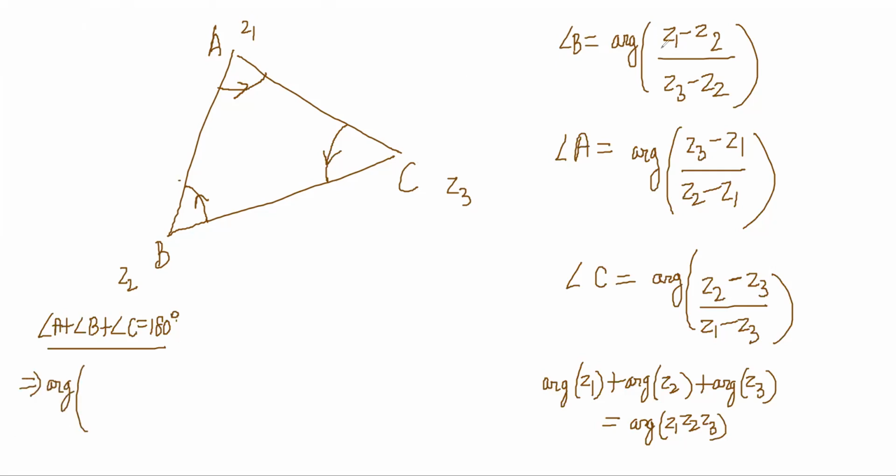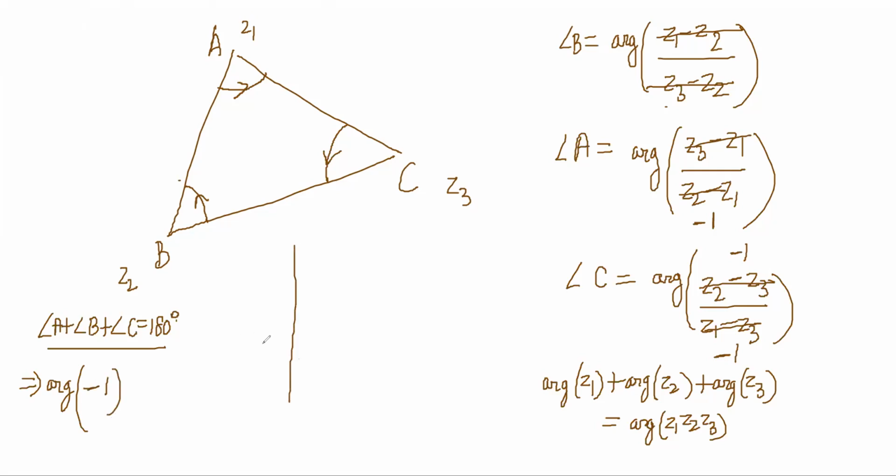So what is the argument here? Basically multiply all of them. Z3 minus Z2 cancels with this one with a minus 1. This one and this one cancel with another minus 1, and this one cancels with another minus 1. So everything cancels and becomes minus 1, no?